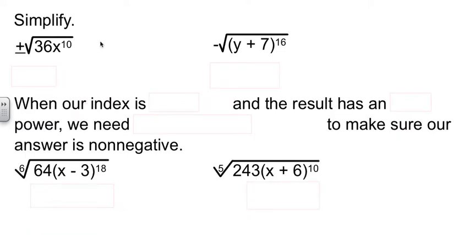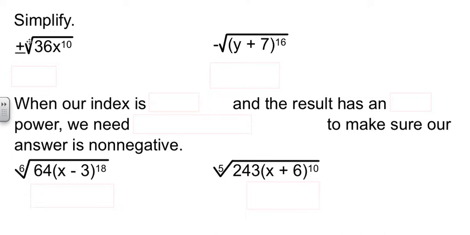Let's do a little simplifying. We're going to start with a couple of square root ones to get you comfortable, and then we'll do some nth root ones after that. We have positive or negative, the square root of 36 x to the 10th. Well, we know the square root of 36 is 6.